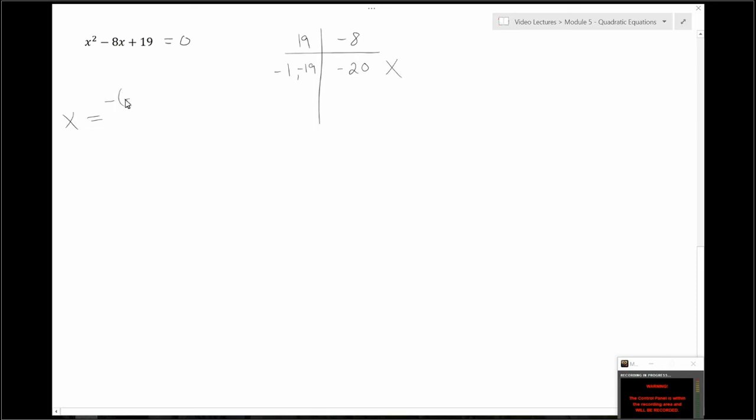Negative b plus or minus the square root, b squared minus 4 times a times c, all over 2a. And you might be able to see where this is going.